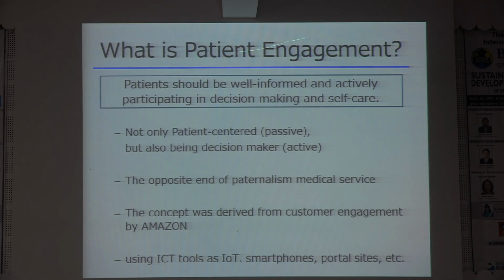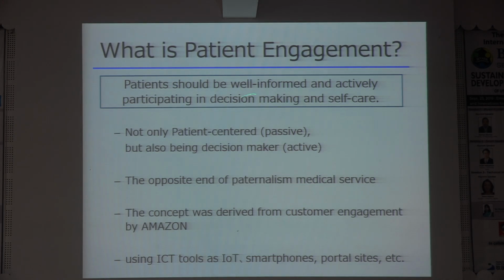Patient engagement is this. Patients should be well informed and actively participating in decision making and self-care. So far, we have the concept of the patient-centered system. This is still passive. Not only this, we have to add this new concept.